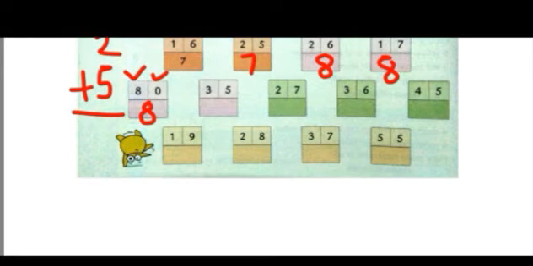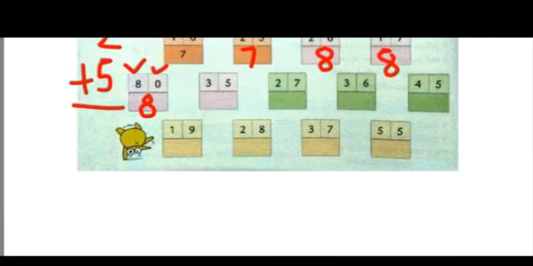3 and 5. Okay. Now tell me which is the bigger number here, 3 or 5? Yes, 5 is the bigger number. Now, starting from 5, you can count forward to 3 because we have to add 3. So let's count from 5.